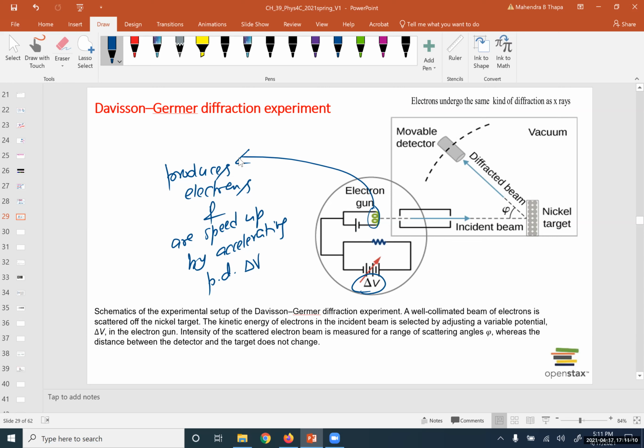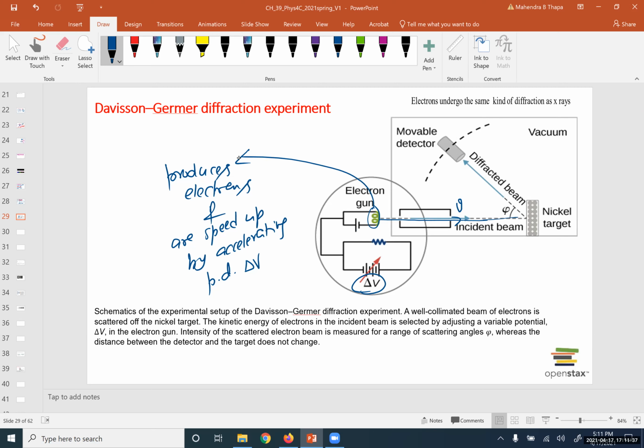This means the electrons coming out through this electron gun will have a specific value of speed. These electrons moving with a certain speed, which I represent by small v, will hit a metal target.